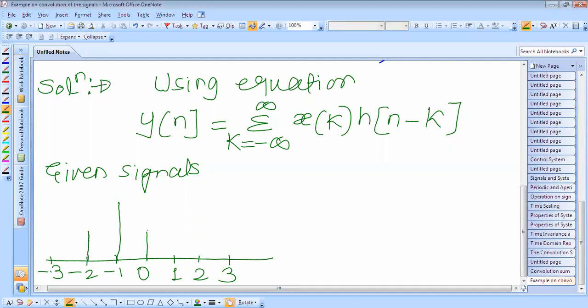So this is a magnitude of 1, this is 2, this is again 1, at 0 it is 1, and at 1 it is also 1.